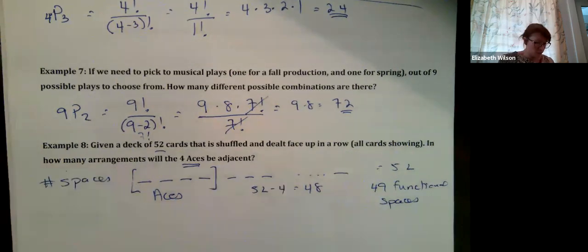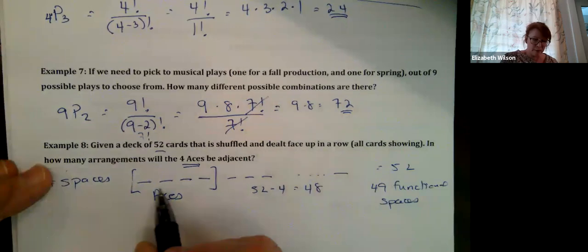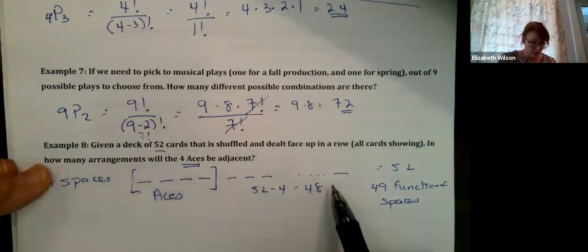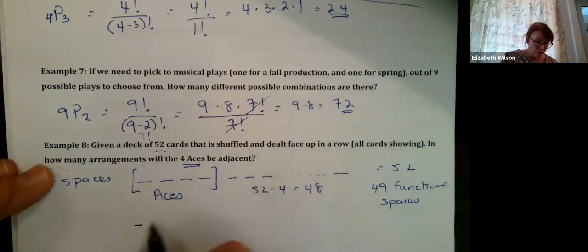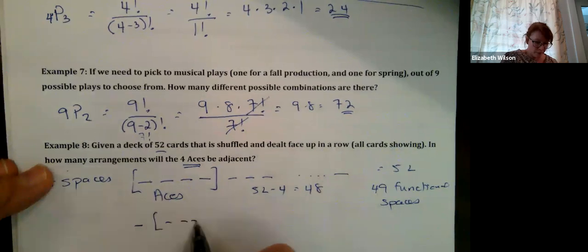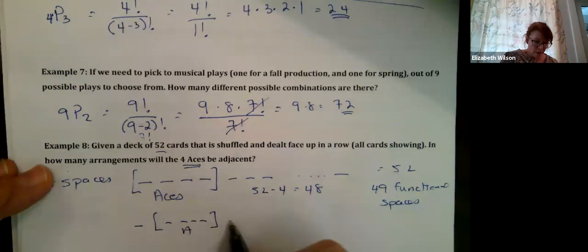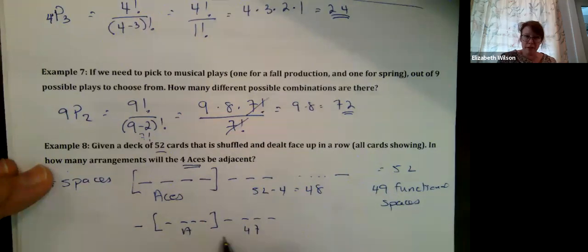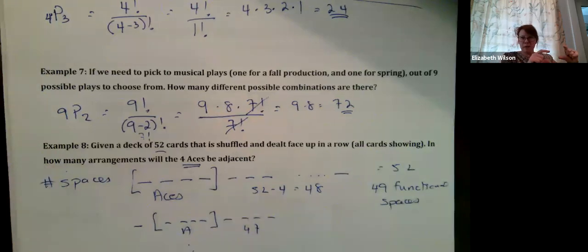Another possibility is I could have all the aces first, and then the other 48 cards. Or I can have the first card, then the block of aces, and then 47 cards. So I've got one card here, the block of aces, and then the 47 cards, and so on and so forth. This block of aces is going to work its way through as we go along.